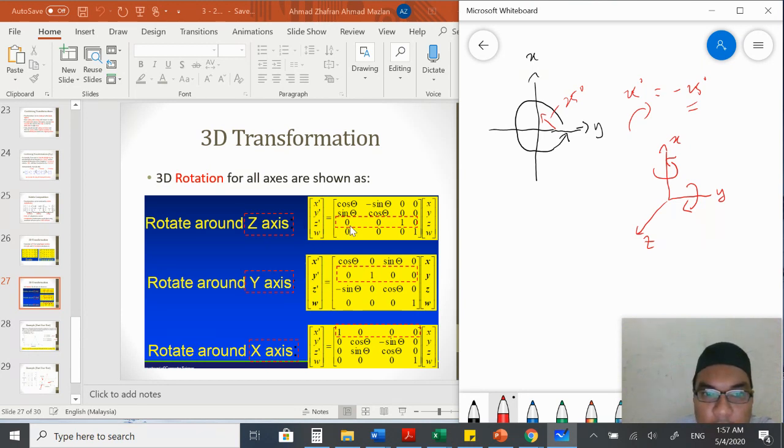And also for the z, the same, you rotate around the z-axis direction, so you leave the z with only the one value here, so that you can rotate like that. So that's basically what you have learned also in statics.